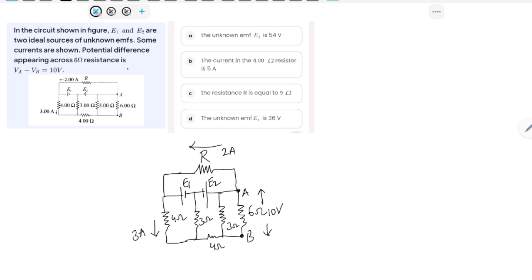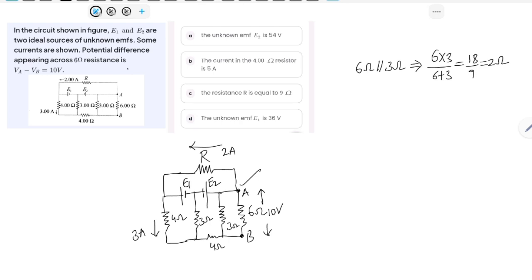We must know the equivalent resistance between 6 ohm and 3 ohm. 6 ohm is parallel to 3 ohm, therefore it gives R1 into R2 by R1 plus R2. So it is 18 by 9, which is equal to 2 ohm. So in between the terminals A and B, an equivalent resistance of 2 ohms will be there.